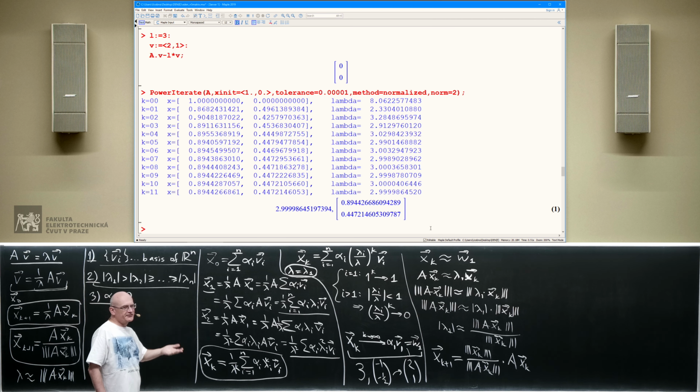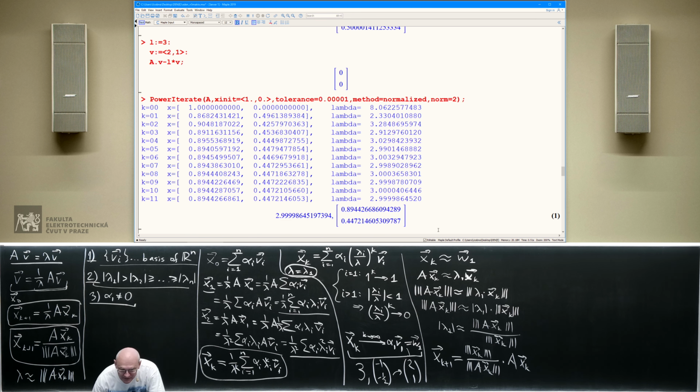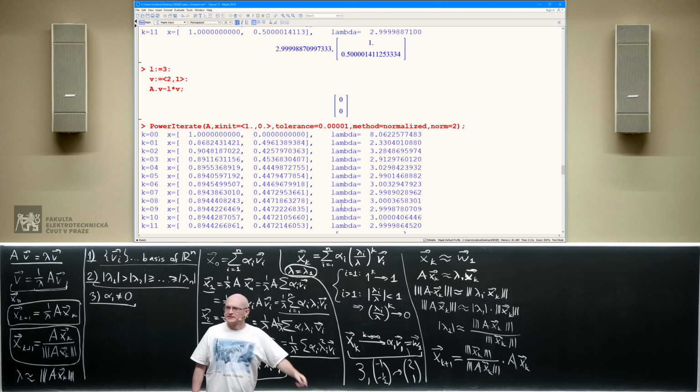Okay, that's one of the disadvantages of using a different norm. But otherwise, it seems to work really well. How many iterations? 11. And over here, 11. So it comes to about the same thing. And perhaps the convergence seems to be equally fast. So there is not much to choose from, really. So that seems to work.